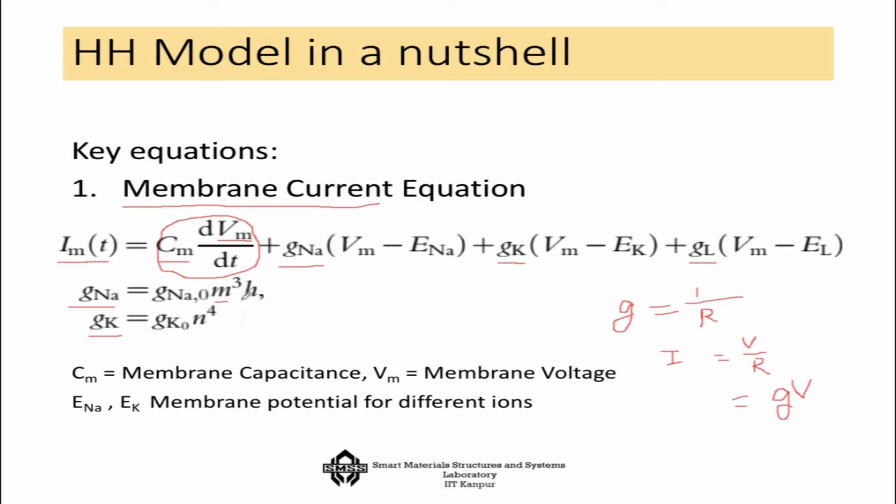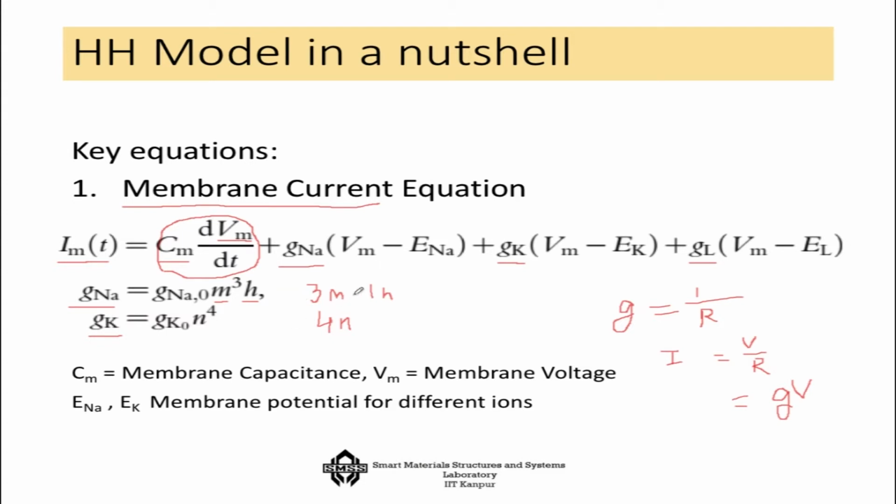For sodium, there are 3 M gates and 1 H gate. This actually controls the conductance. And for potassium, there are 4 N gates which control the conductance of the potassium.